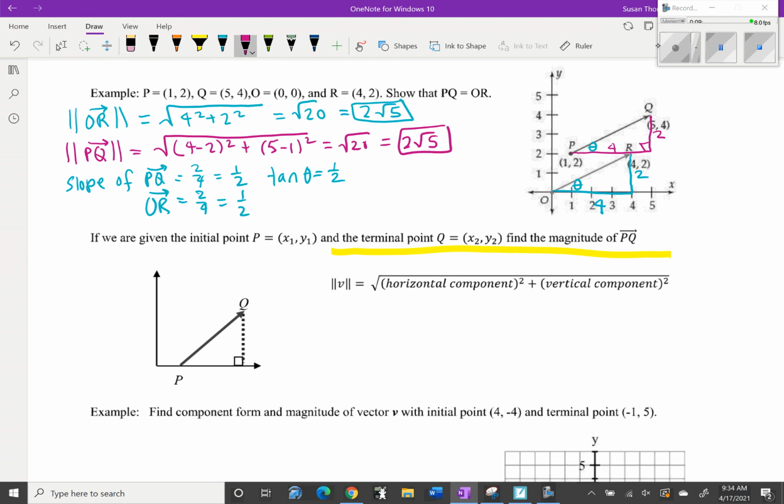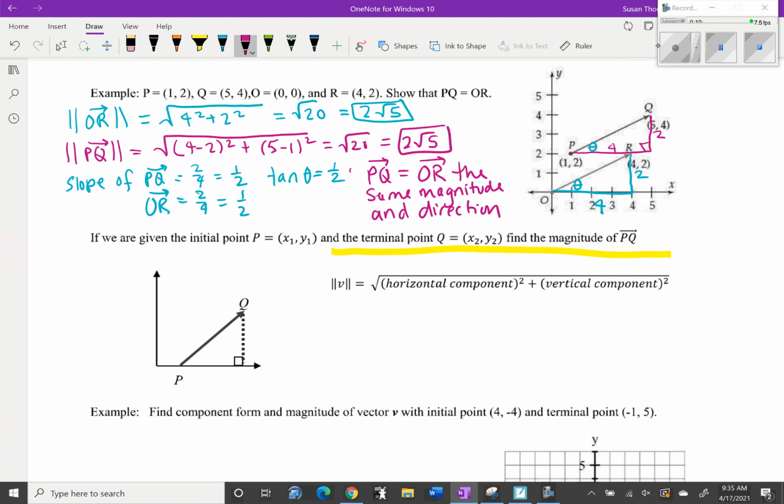So we can see that PQ is equal to OR, because they have the same magnitude and direction.